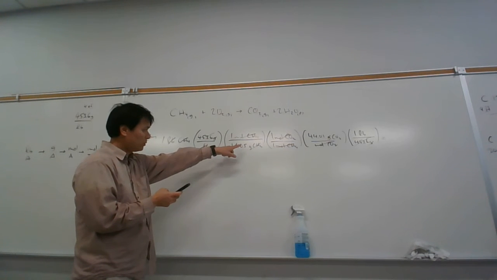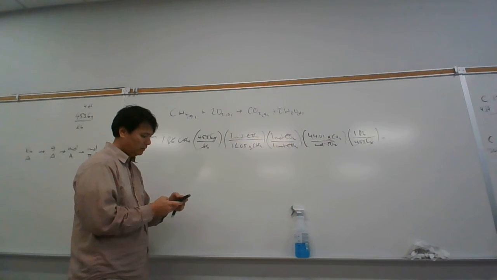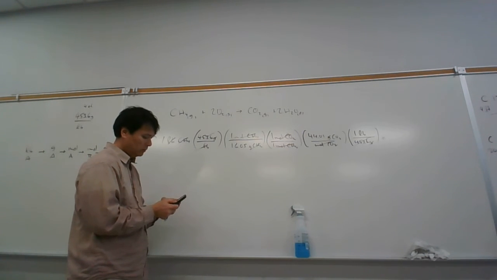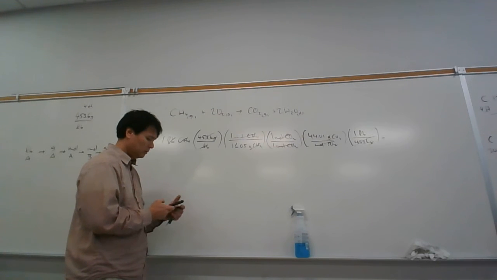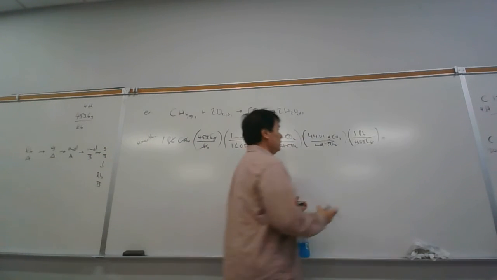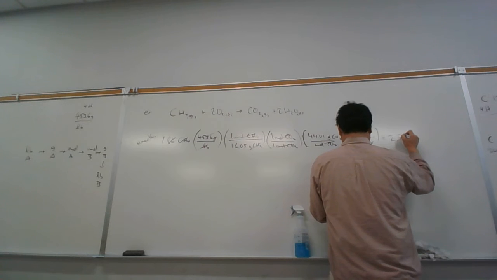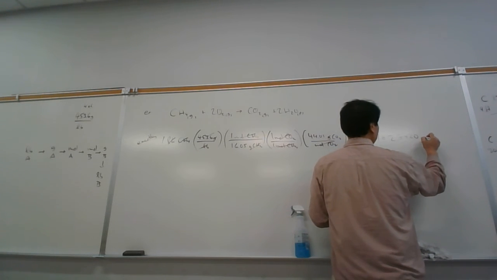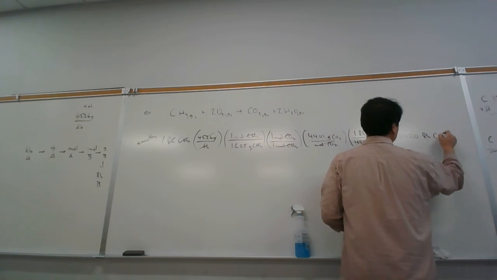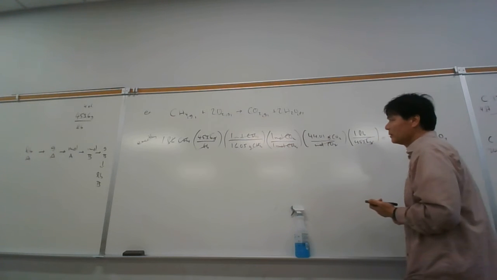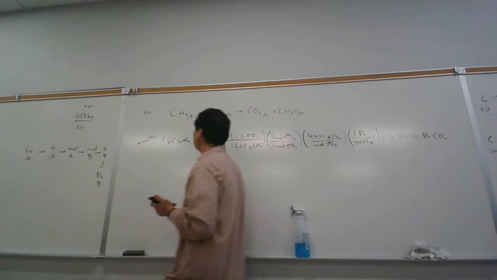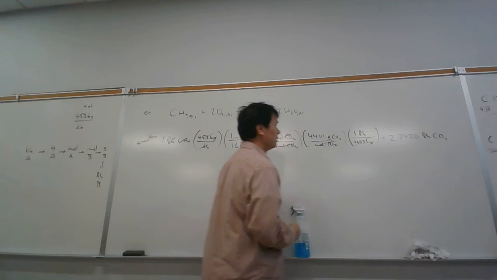So just take 44.01 divided by 16.05. Calculate. 2.7420 pounds of CO2.